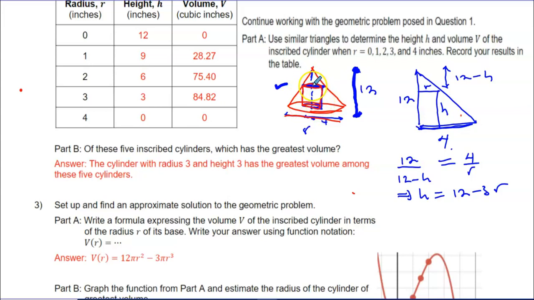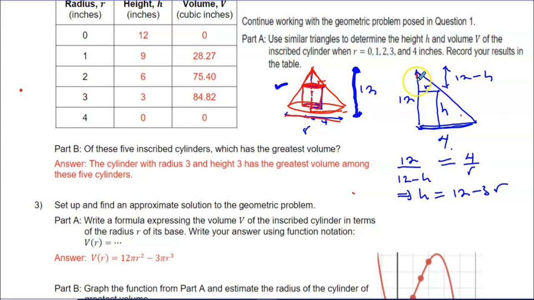Let's assume that from here to there is the radius of the cylinder. Now you can see we have a small triangle at the top here. And also, we can get a big triangle out of that. Now what I want to do is extract this part of the triangle.